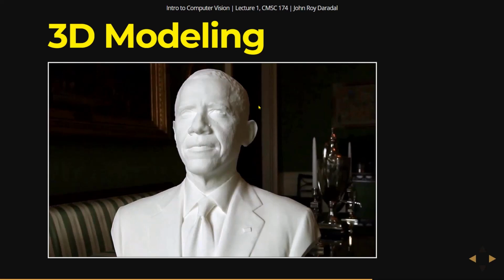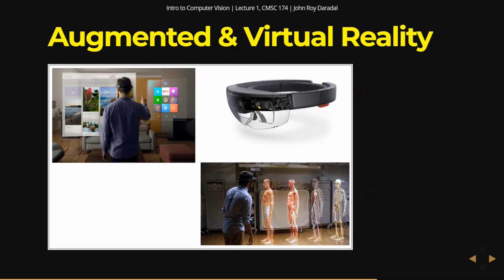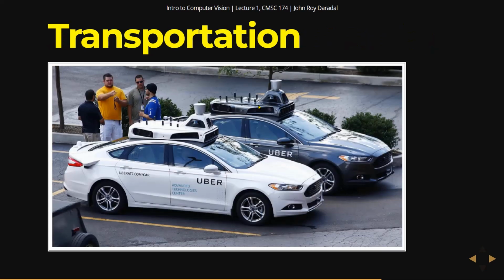Okay, and then of course you have augmented and virtual reality, AR and VR. So you have things like the Oculus Rift, right? So you can also do that, and that is an application of computer vision as well. And then of course for transportation, you have the self-driving cars now, and the way that the cars are able to drive by themselves is because they have cameras that look at the streets and look at the pedestrians and the traffic light, and they process everything.